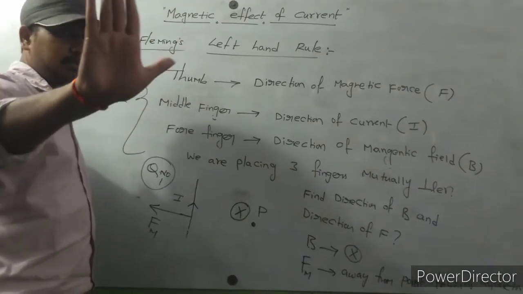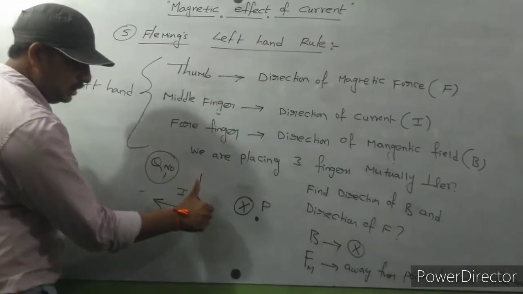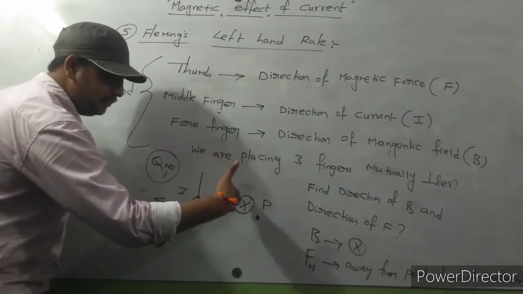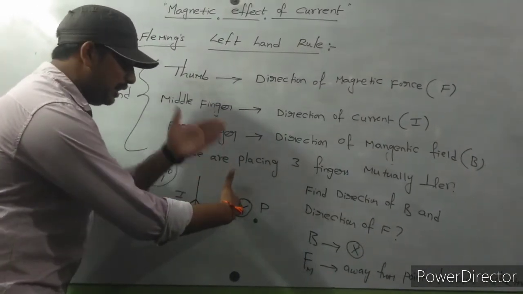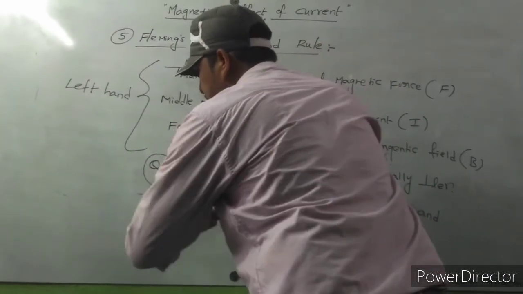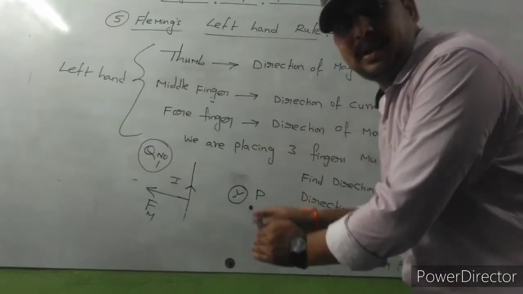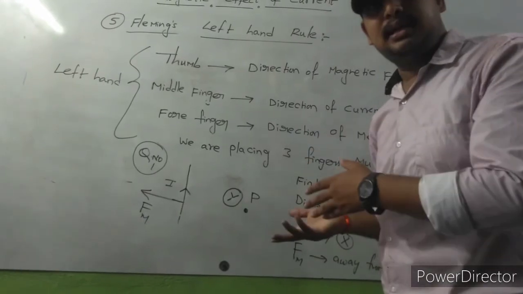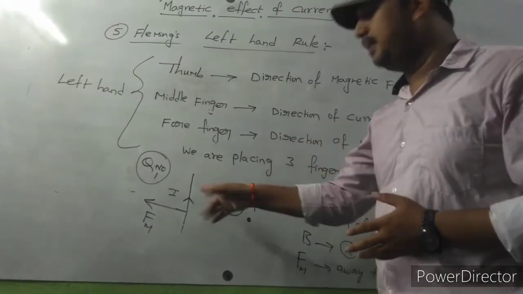In Fleming's right hand palm rule, thumb indicates direction of current, fingers indicate direction of magnetic field, and the palm direction indicates direction of magnetic force. So we got the same direction or not? If you apply Fleming's left hand rule, or Fleming's right hand palm rule, in these two rules we get the same direction.